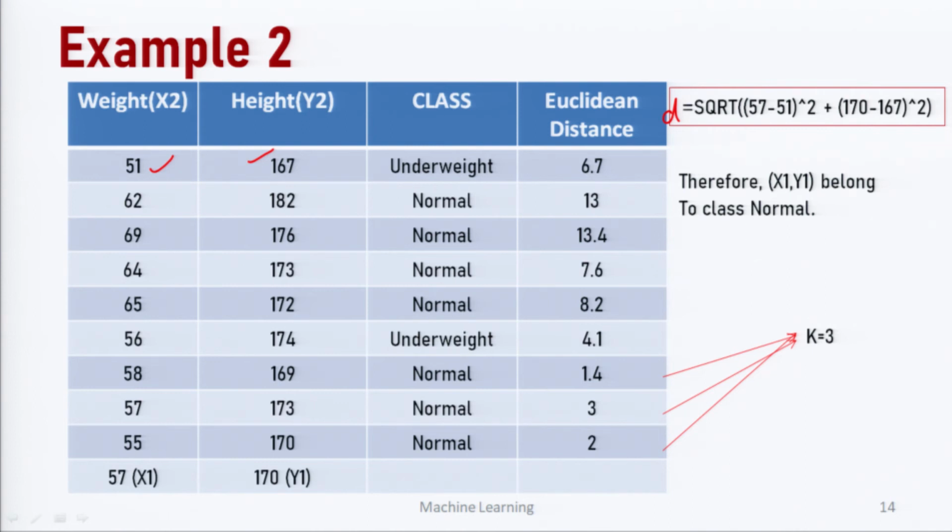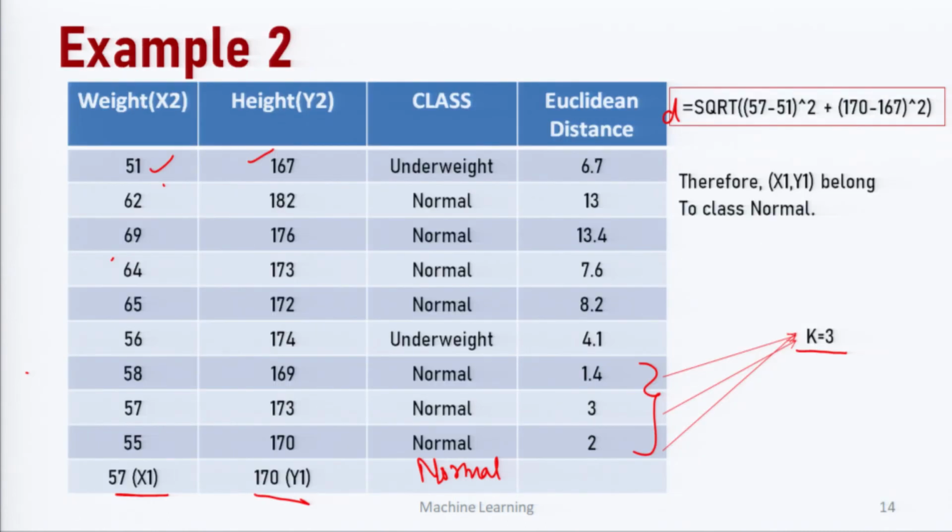Since there are 10 samples, the root of 10 will decide the value of k, which here is 3. Now, the 3 nearest will be selected, and the majority shows that, as per height and weight, the new entrant comes under the normal weight category.